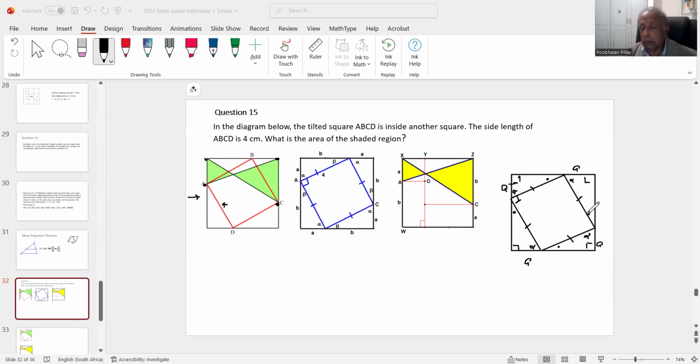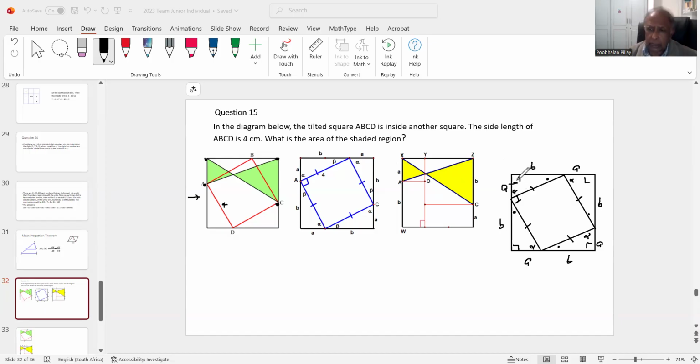So those four sides are equal because the four triangles are congruent, and the remaining sides will also be equal. The fact that this ABCD is inside the square makes you conclude all these things.